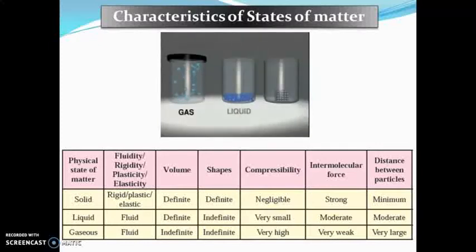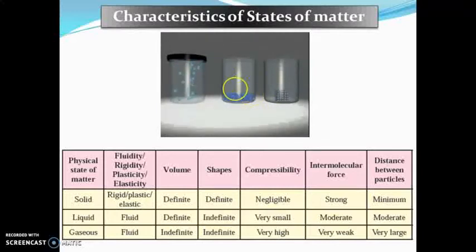It has a definite volume and definite shape, its compressibility is negligible, the intermolecular force is strong and the distance between the particles is minimum. This is the solid state where we can see all the properties.